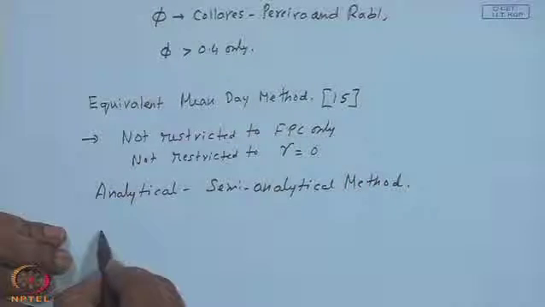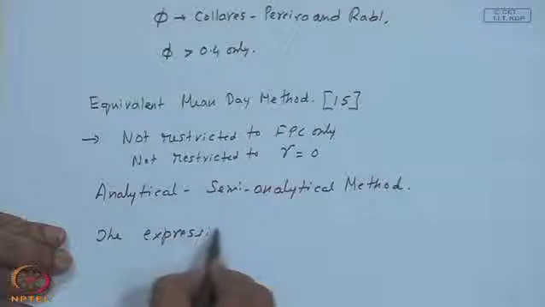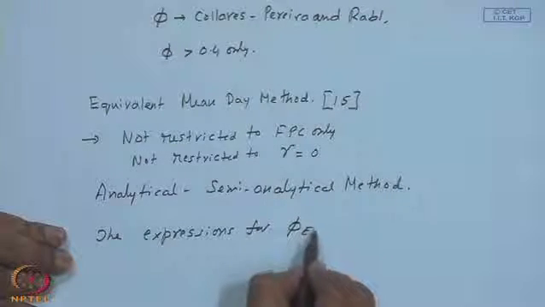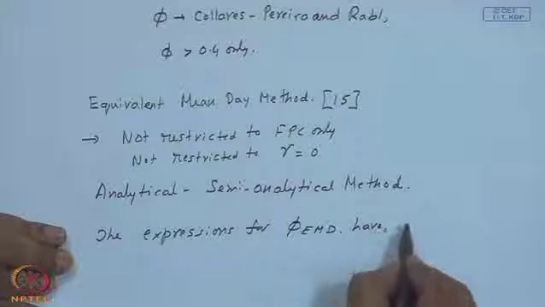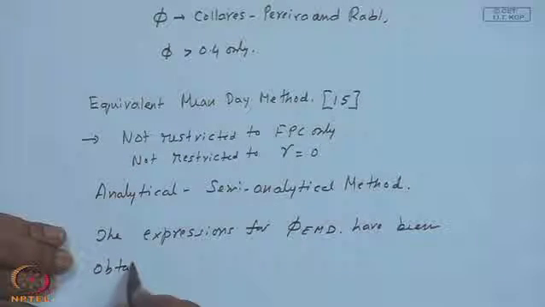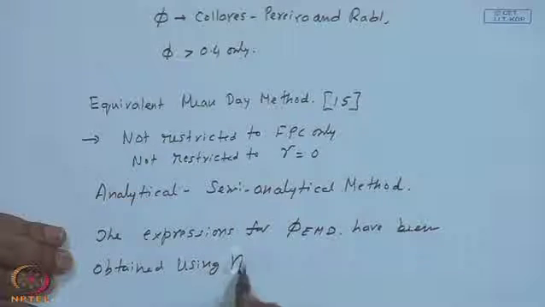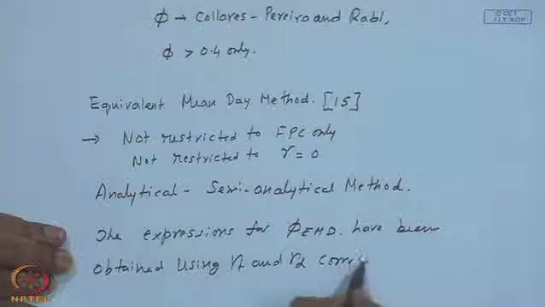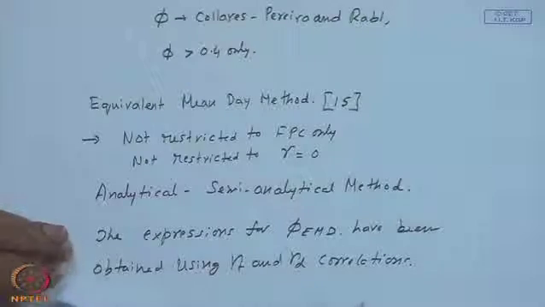The expressions for the utilizability on the equivalent mean day, which I will call phi MD, have been obtained using RT and RD correlations. I shall elaborate this a little later.